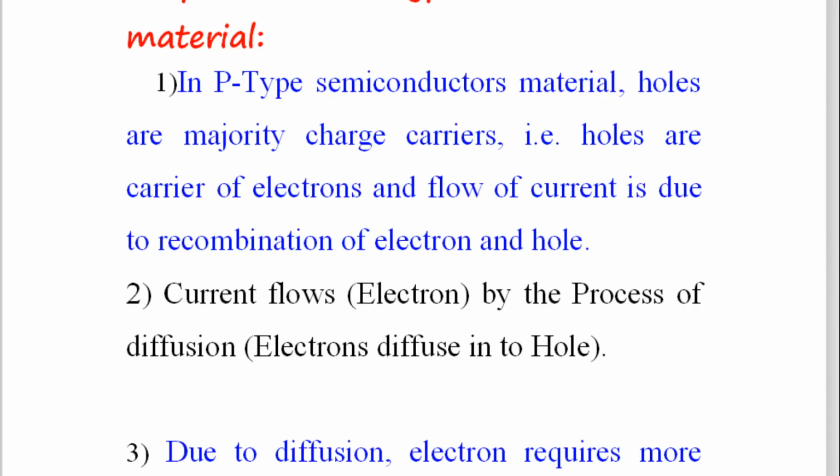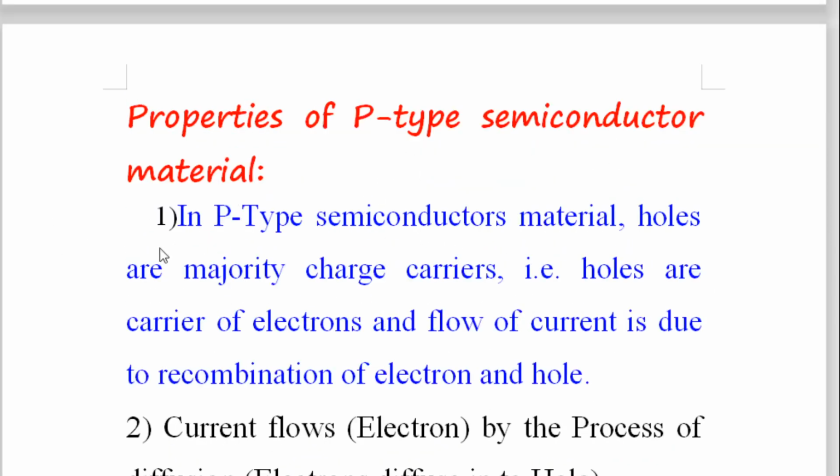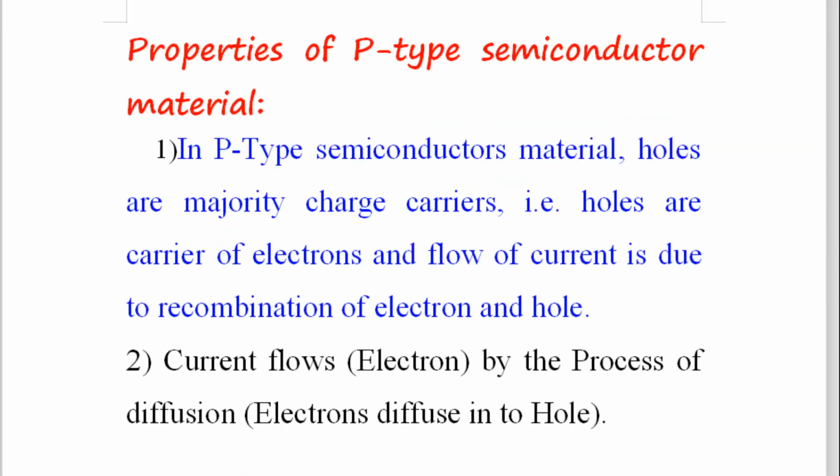And therefore, the properties of p-type semiconductor material, see here. In p-type semiconductor material, holes are majority charge carriers. Charge carriers means charge is nothing but electron. Electron is a charged particle.